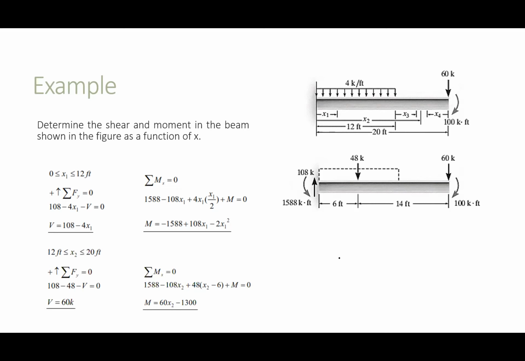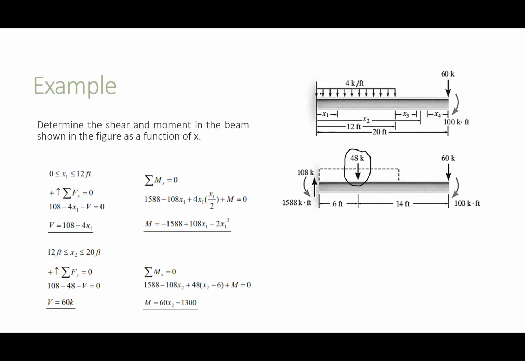So, again, ito yung cut natin. Also, reminder, because common mistakes din ng students is yung pag-convert nito, itong 48 kips, nakikita nyo. Yung pag-convert nito, we only do this for the sake na makompute natin yung reaction. So, you don't get the equation na kinonvert nyo into a concentrated load.